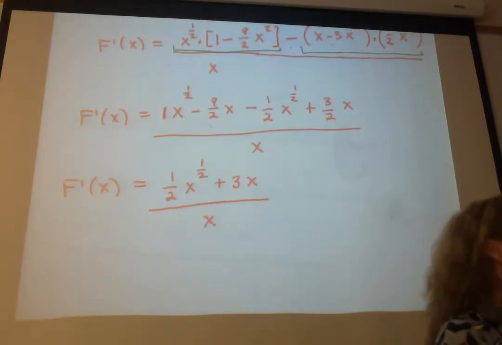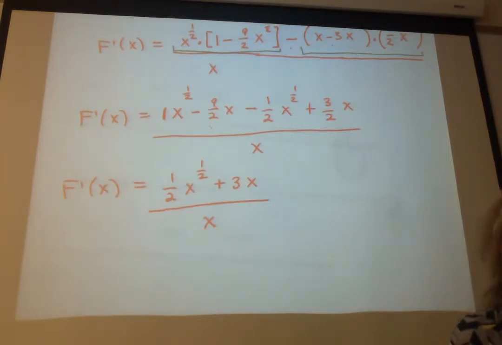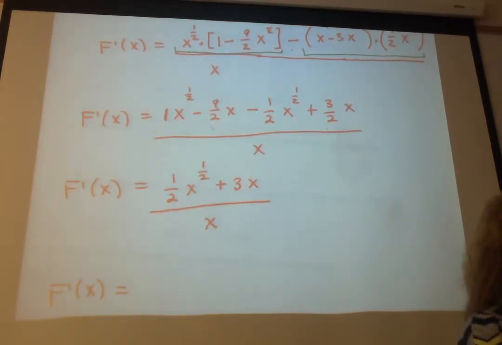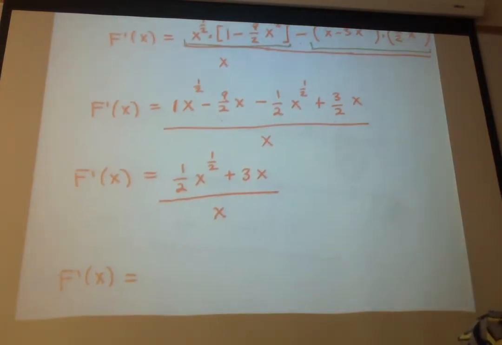Okay, last thing I'm going to do is go back and divide both of those by the x. I'm going to let you finish that. Okay, who could tell us what they got for the answer? Elizabeth, what'd you get? Well, the very last answer, right? What are we going to have?